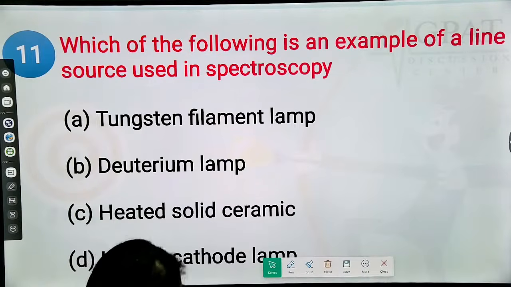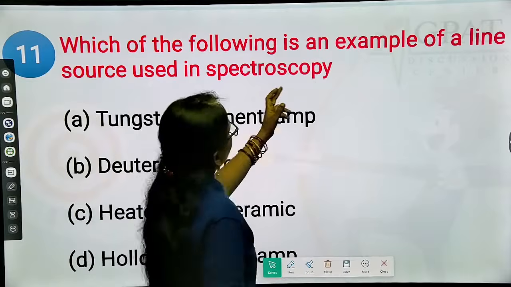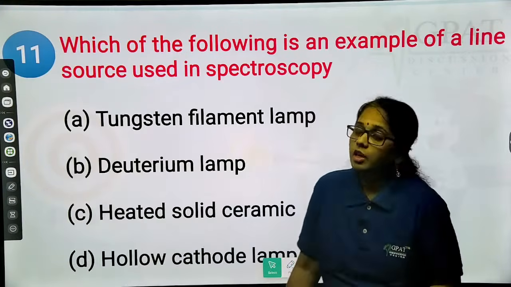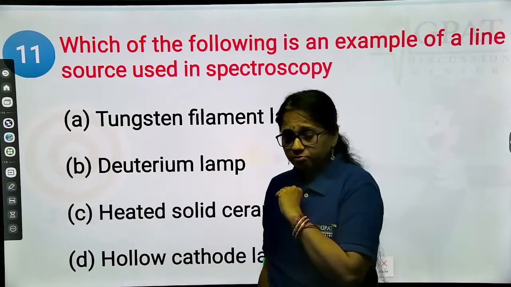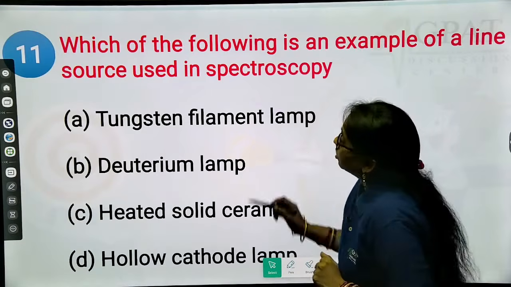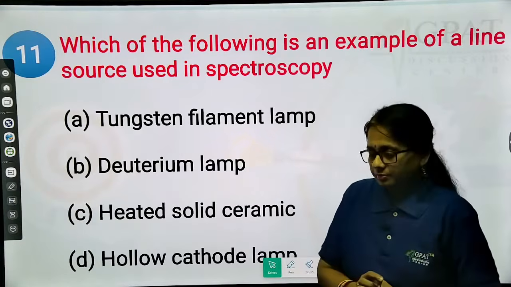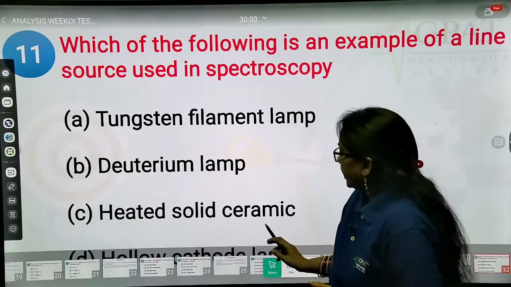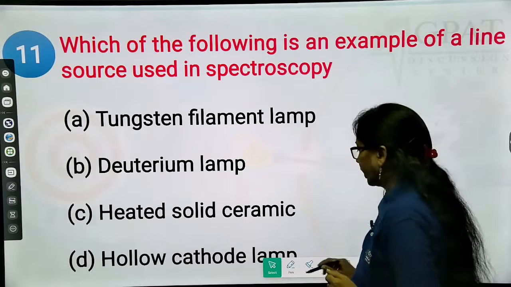For this 10th question, which of the following is an example of a line source used in spectroscopy? Just now we have discussed the continuous source of radiation. Now, the line source used in spectroscopy. Tungsten filament lamp, deuterium lamp, heated solid ceramic, hollow cathode lamp.